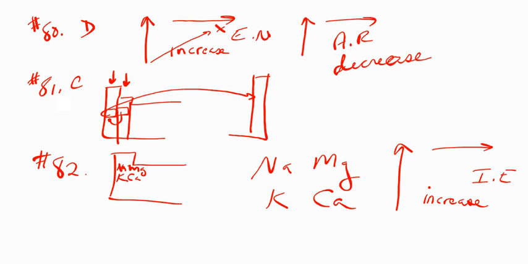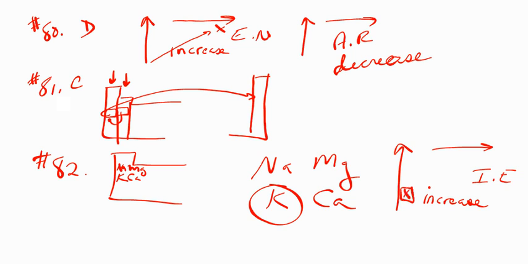And left to right, as you go to the right, it's harder to remove. Because of, remember the word effective nuclear charge? Well, as you go across to the right, they're harder to remove. So you want one that is lower and to the left. Lower to the left, potassium. It's the lowest one given, furthest left. So the answer for number 82 is C.